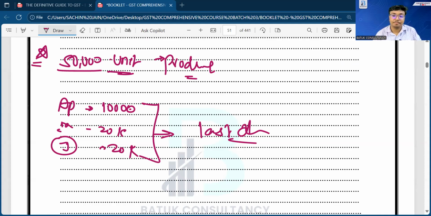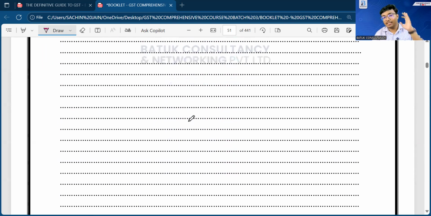Okay, so the conditions we have covered are: in the course or furtherance of business, the same should be reflected in GSTR 2B, invoice should be there, receipt of goods, and the counterparty has filed the return and paid the taxes. Okay.